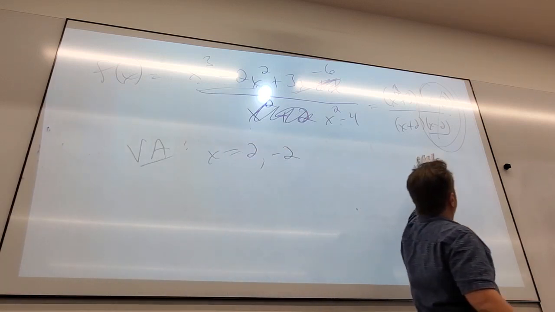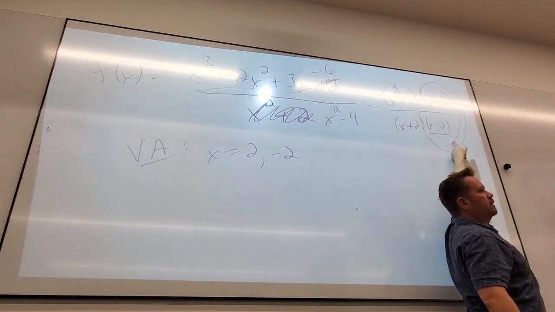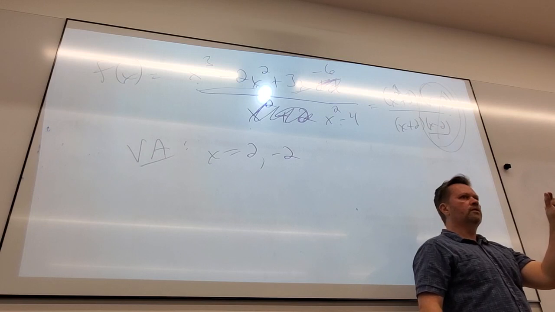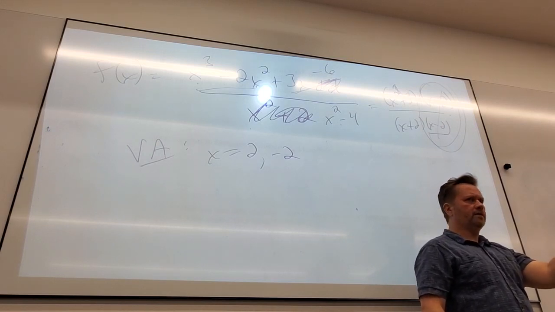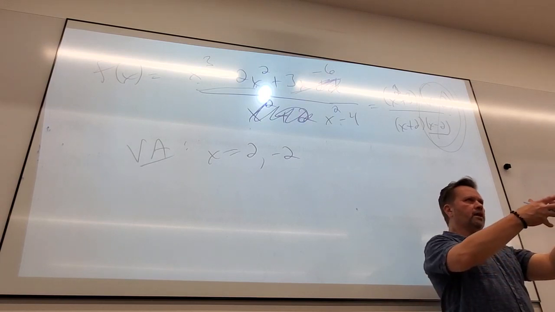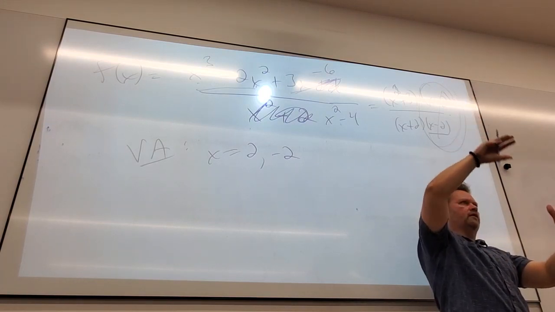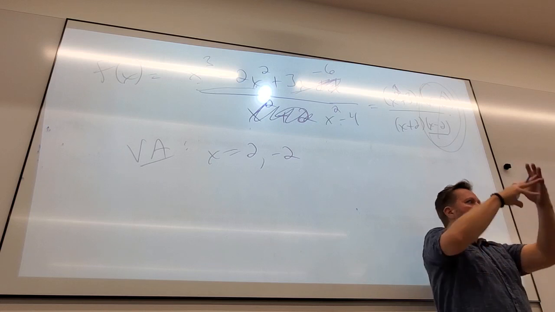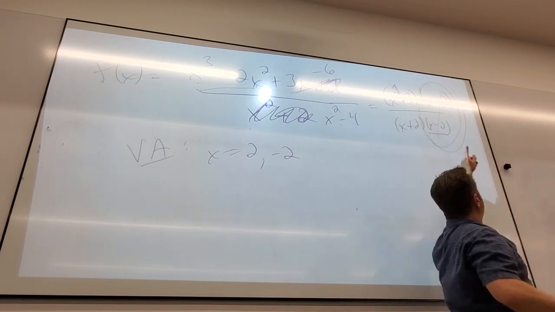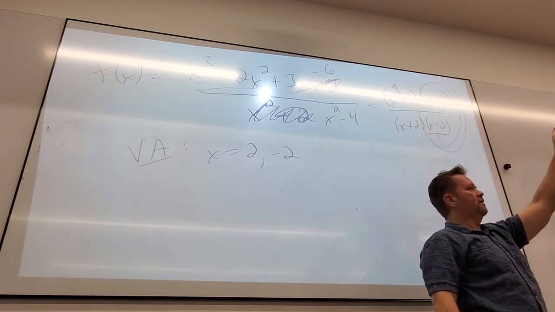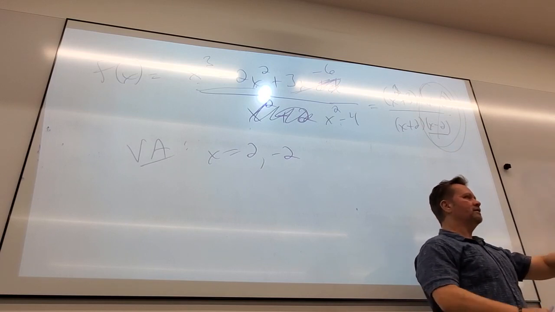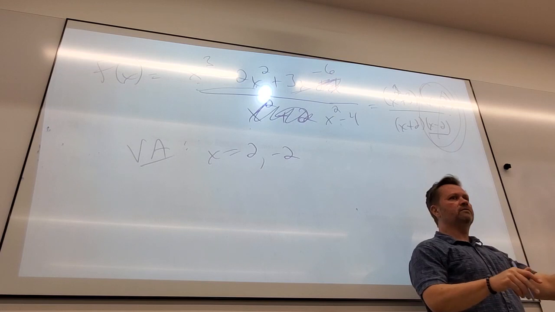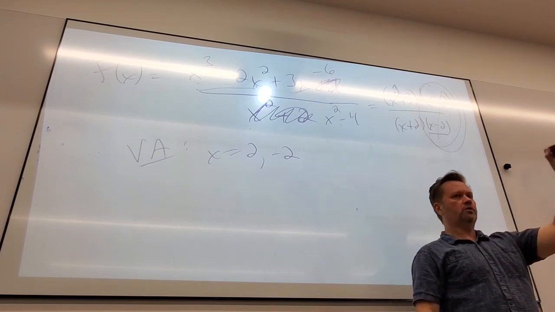If I plug numbers in that are really close to 2, doesn't this piece get really small? 2.1 minus 2 is 0.1. 2.01 minus 2 is 0.01, yes? And normally what that means is I'm dividing something by something that gets really, really small, so the whole thing gets really, really big. But doesn't the top have a part that gets equally small? So there ends up not being a vertical asymptote. There ends up being an open circle right there.